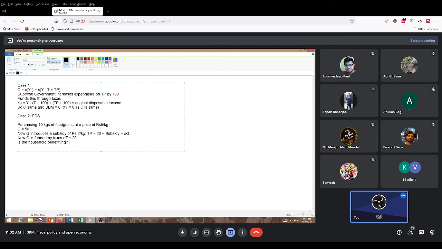what happens is your YD, initially it was 50, your taxes now become 20, but you also have a transfer payment of 20. So your YD remains the same as before.